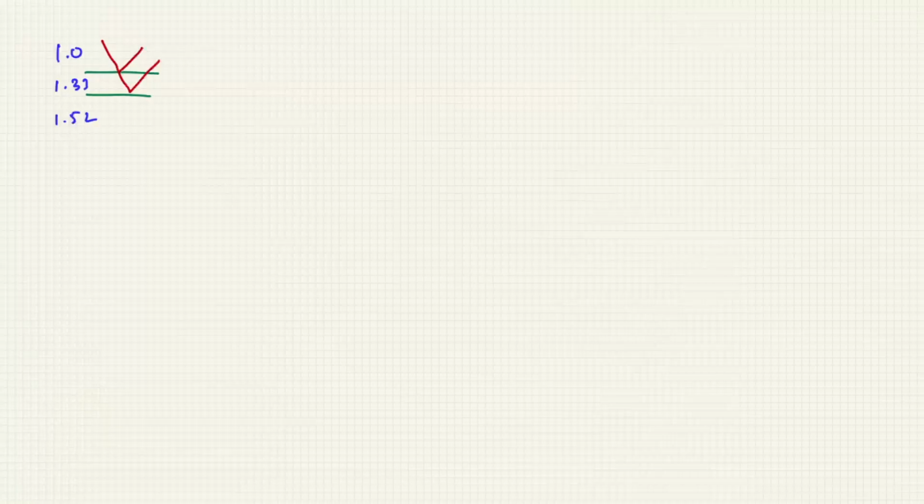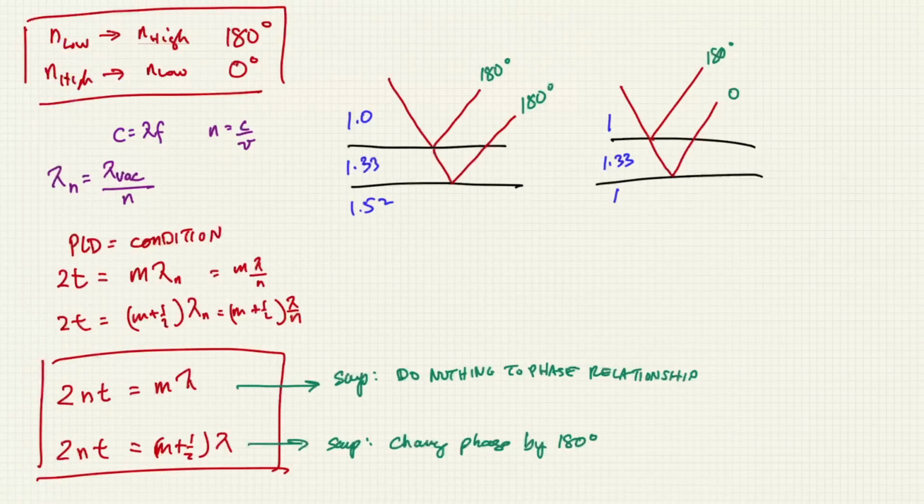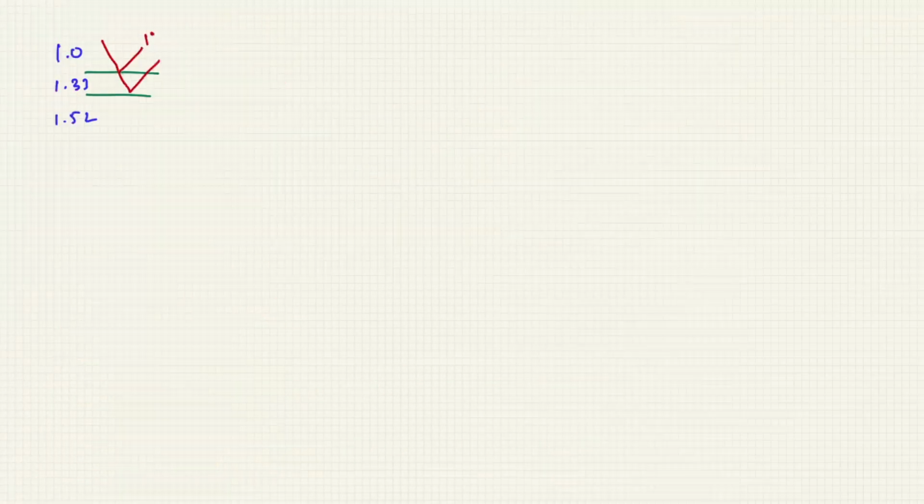Okay. What's the first ray going to be? What's its phase? We're going from low to high. So we're going to write down 180, right? All right. And then 1.33 to 1.52, what's it going to be? Also 180.